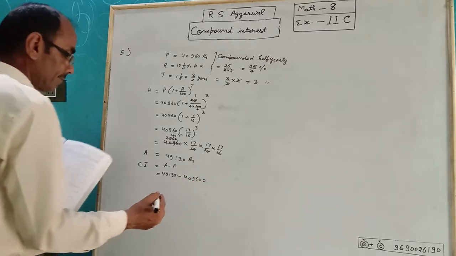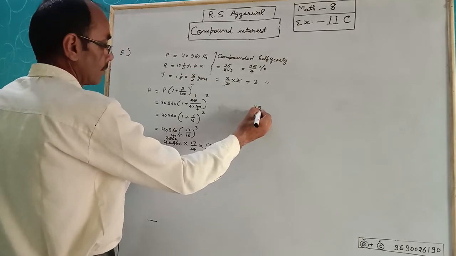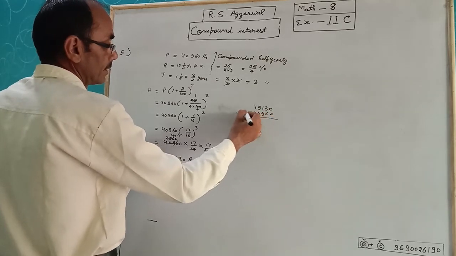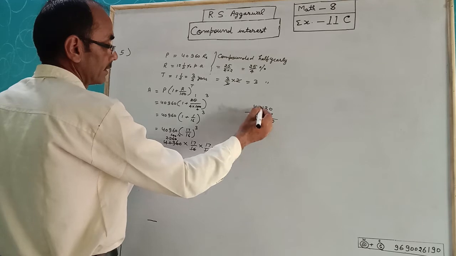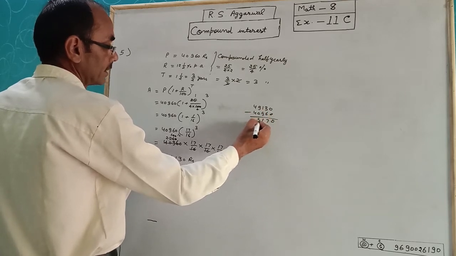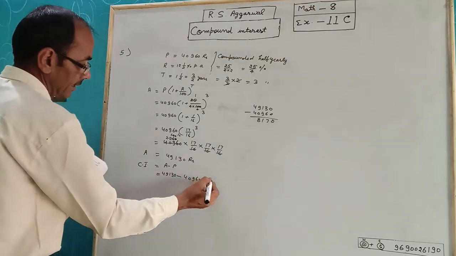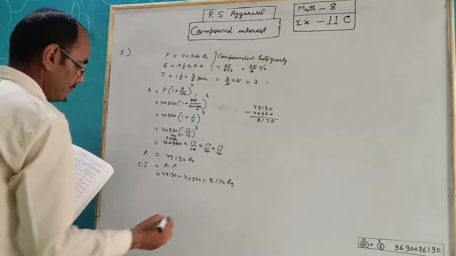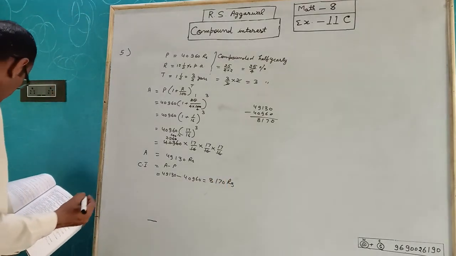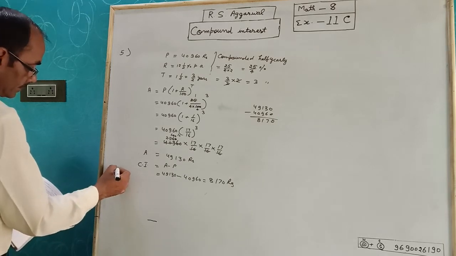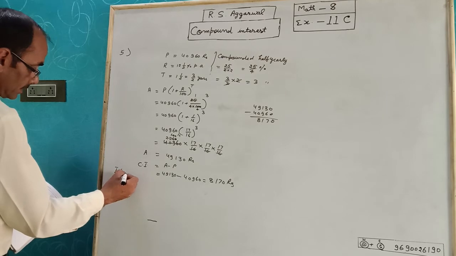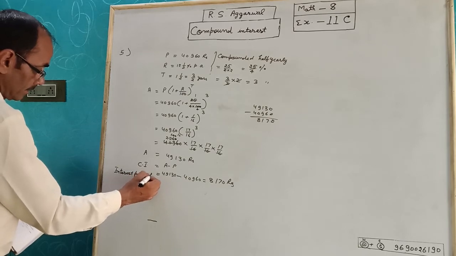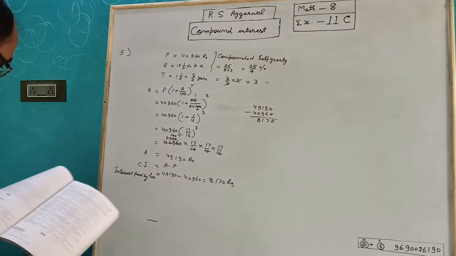After subtracting, 8,170 rupees. Interest paid by her is 8,170 rupees.